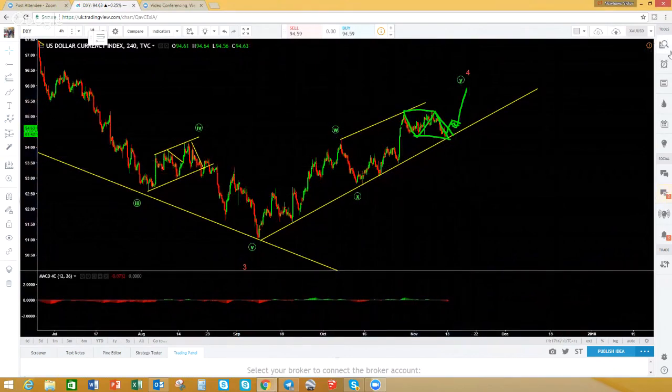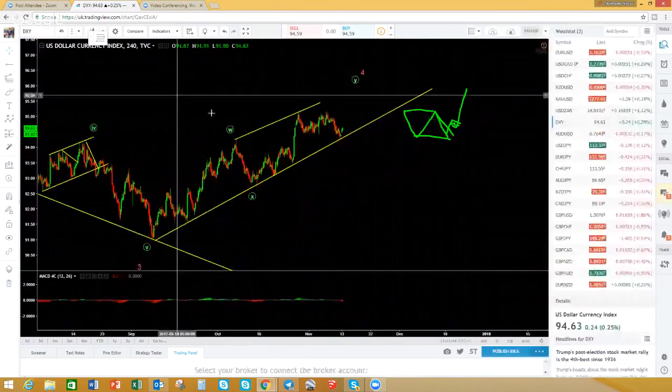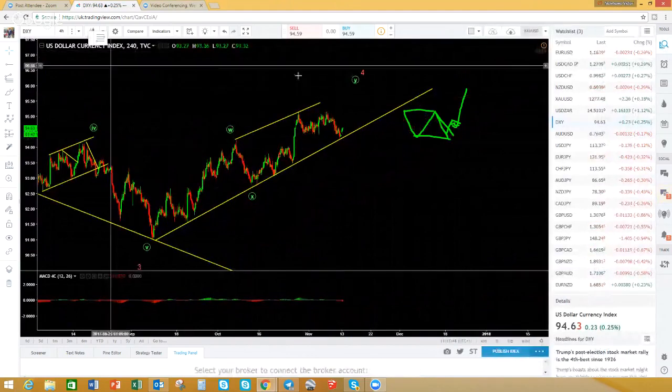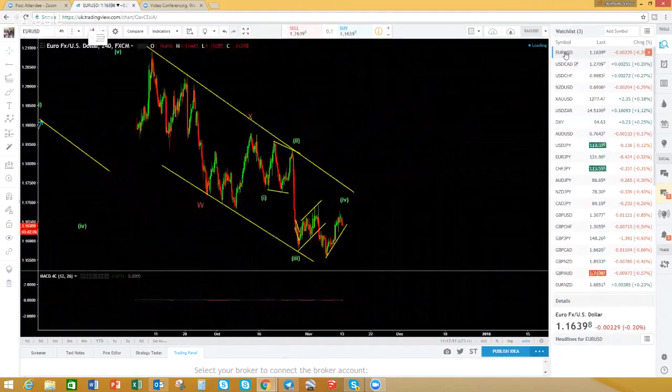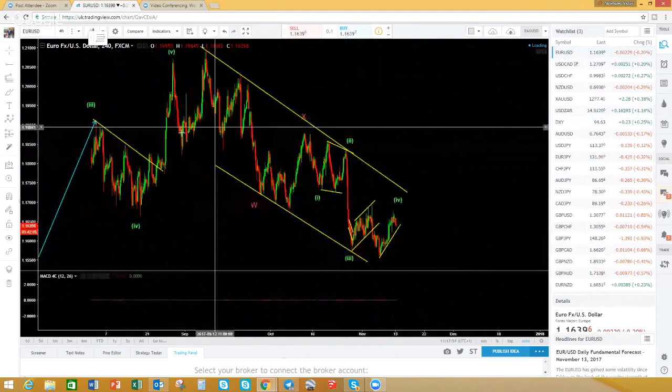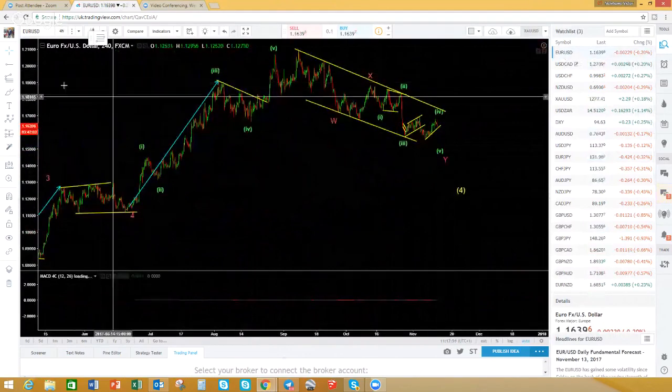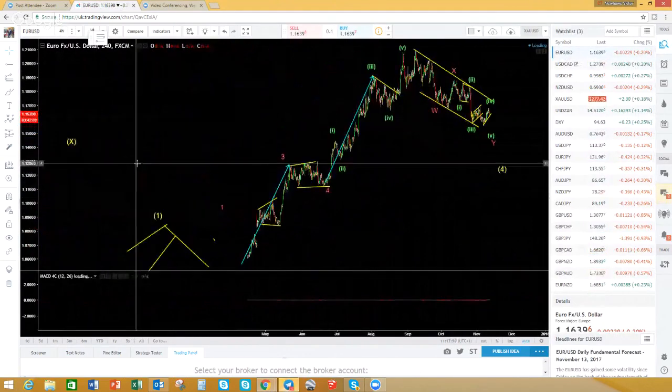So what I've just done here is exactly the inverse on the Euro US dollar. Let's look at the Euro US dollar. Let's clear everything. Similarly, Euro US dollar, remember the 1, 2, 3, 4, 5 I was looking at?